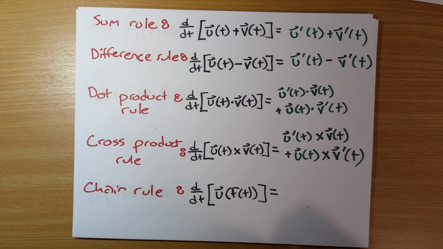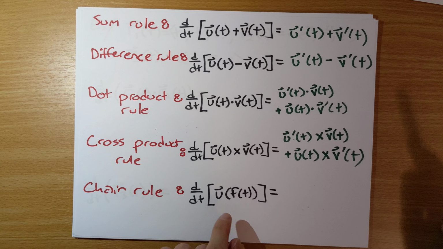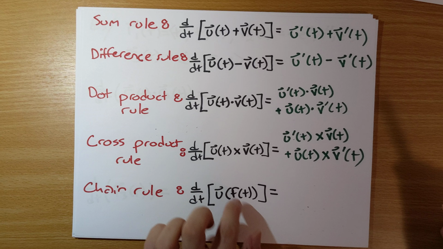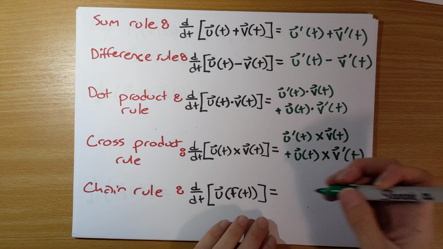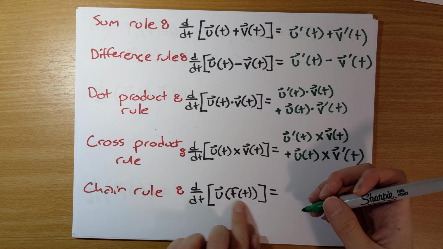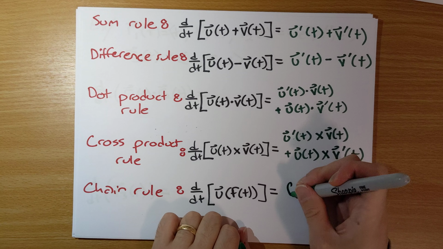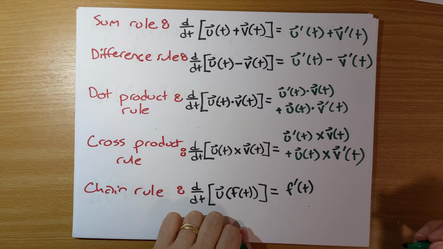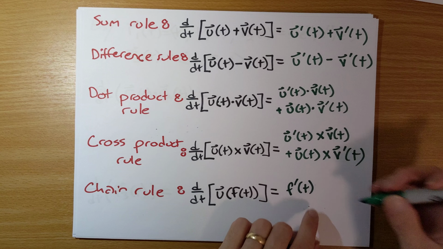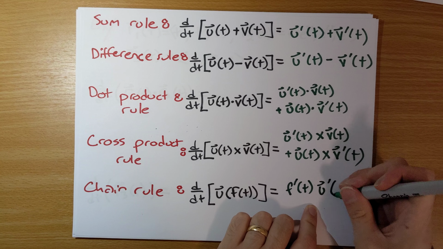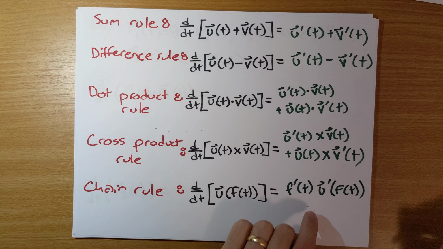And then finally, for the chain rule, the derivative of u of f of t, take a function f of t and slide it into your u. Note here this f of t is a scalar valued function. It will be the chain rule, so let me just write this out.